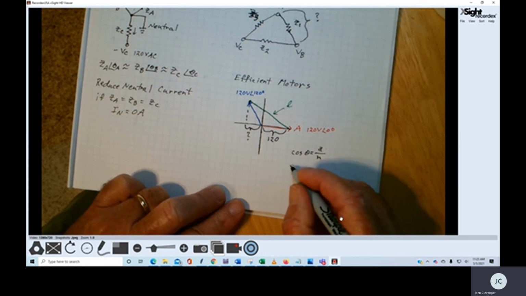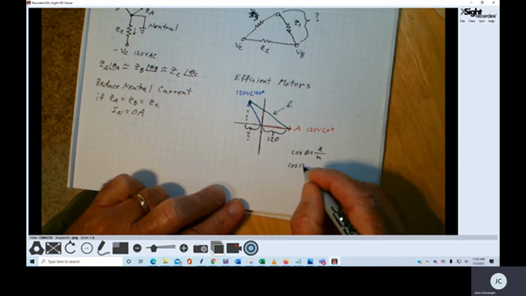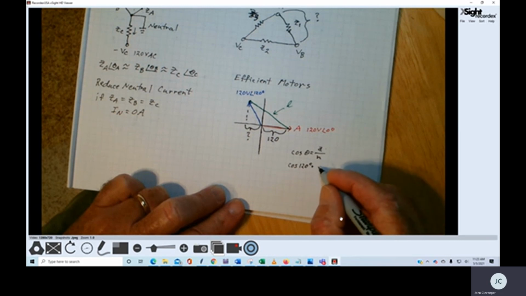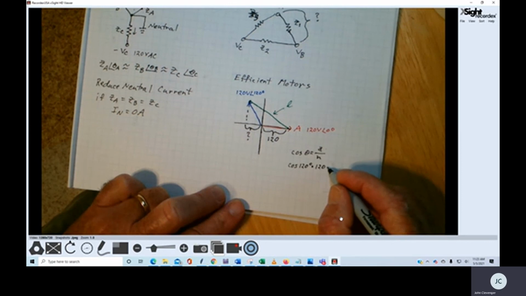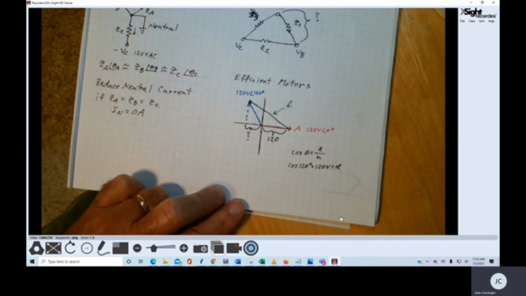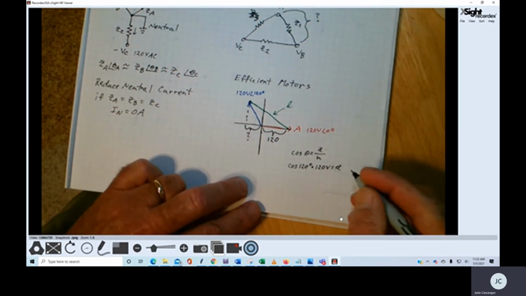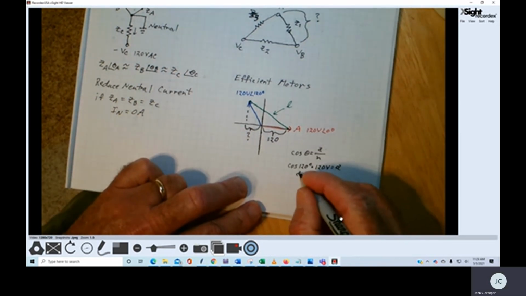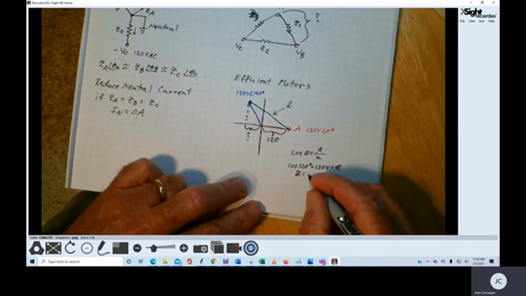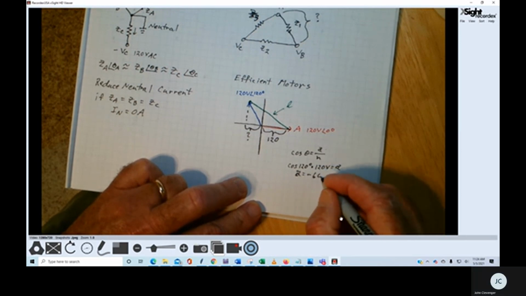So if we take the cosine of 120 degrees times the hypotenuse, and the hypotenuse is 120 volts, then this will give us the adjacent side, which equals negative 60.